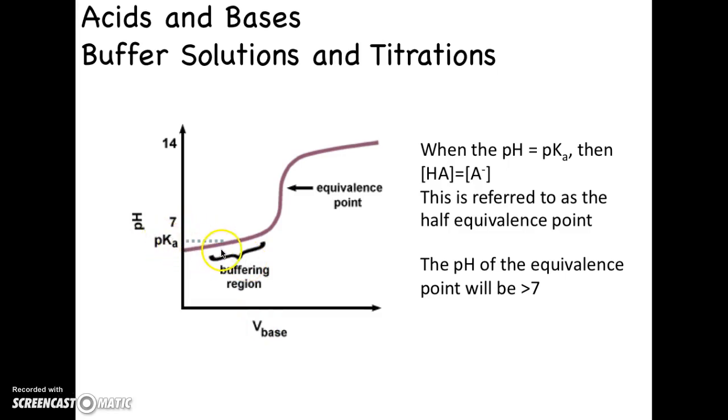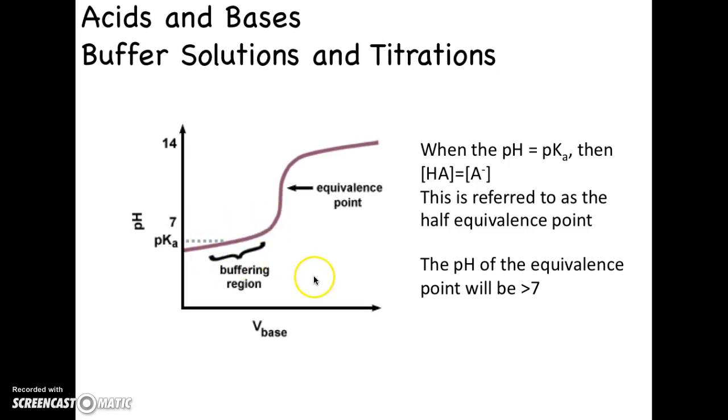And you'll notice that at one point in that buffering region, your pH is going to be equal to your pKa. This is referred to as the half equivalence point, and it exists when the number of moles, or the concentration of your weak acid, is equal to the number of moles, or the concentration of your weak conjugate base that you've created here in the solution.